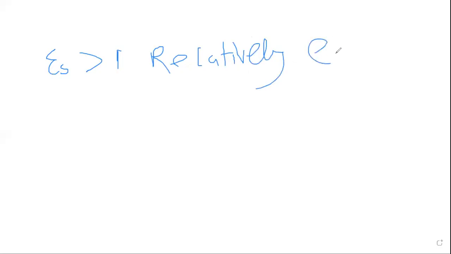So if it is greater than 1, then we say supply is relatively elastic, right?